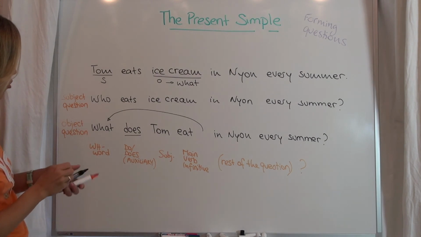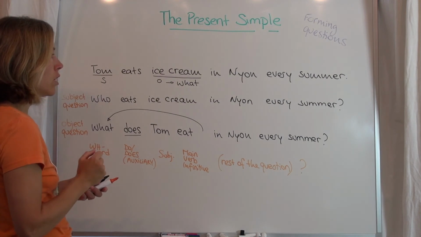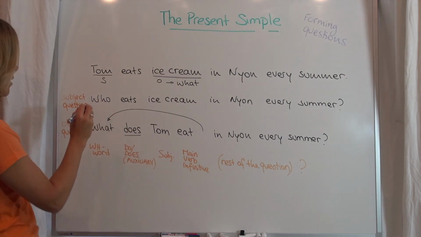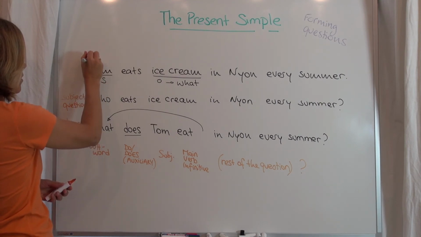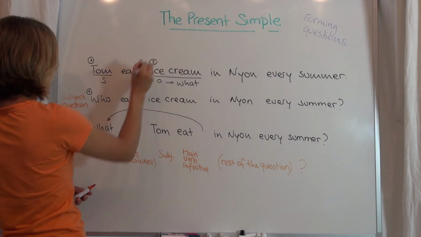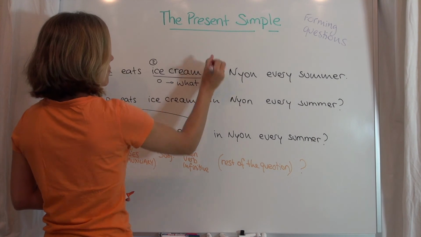So let's give it a try for in Nyon. Imagine we don't know in Nyon. So maybe let's order this. This was the first sentence. Then this one's the second option. Let's look at in Nyon.